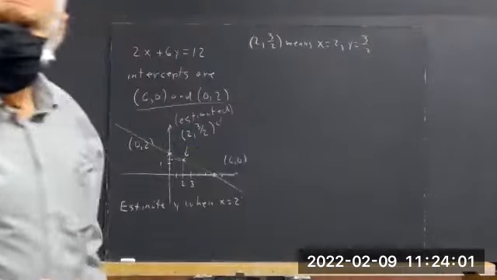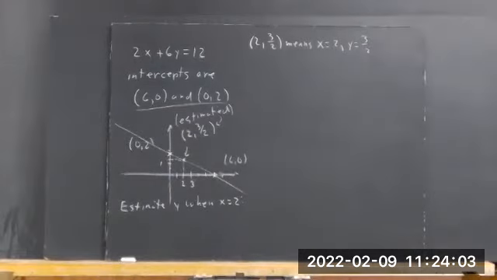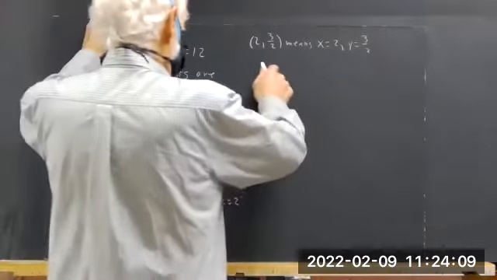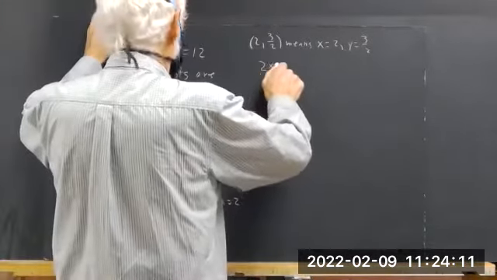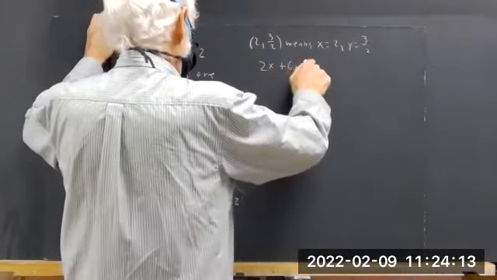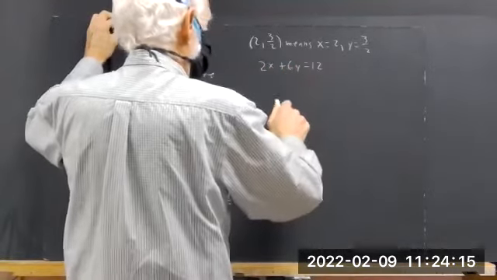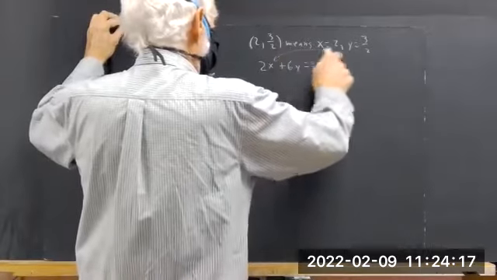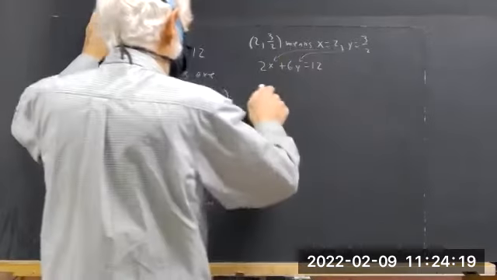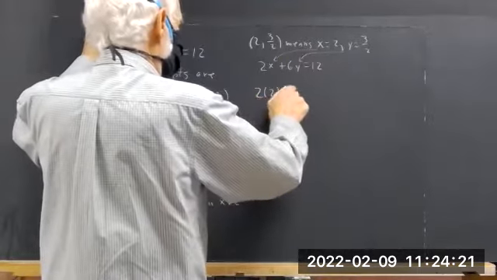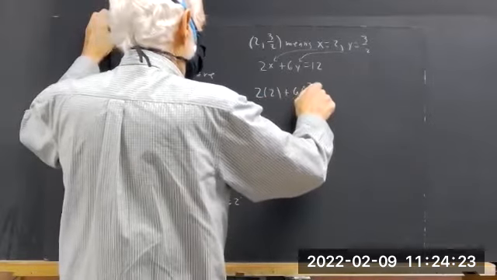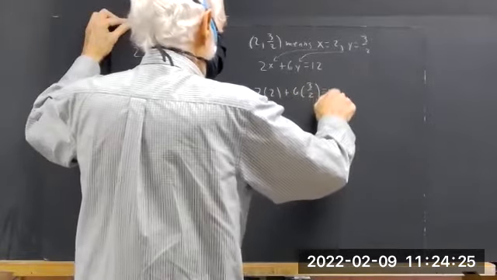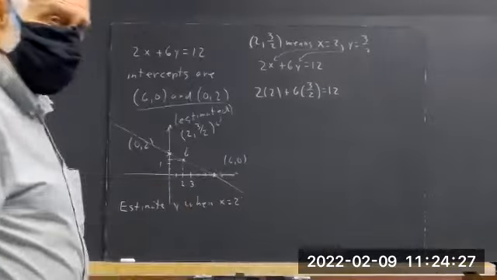So to write this out in detail, x plus 6y equals 12. Well, we plug 2 in for x and 3/2 for y. We get 2 times 2 plus 6 times 3/2 equals 12.